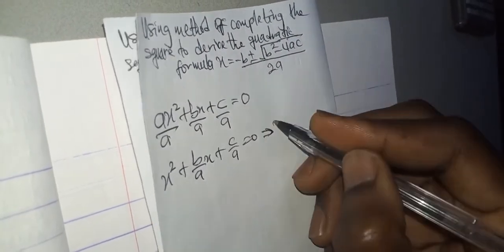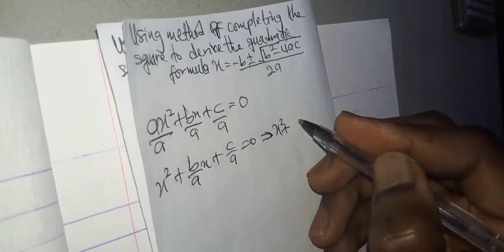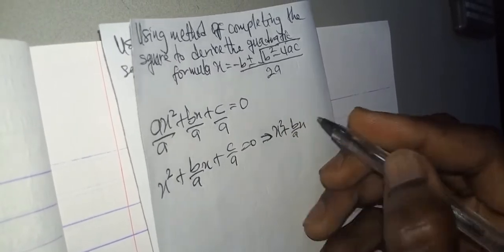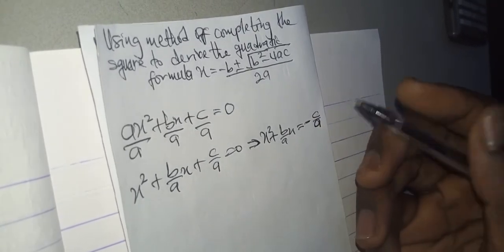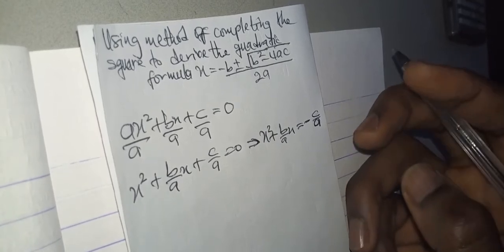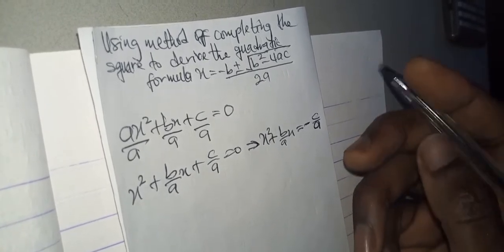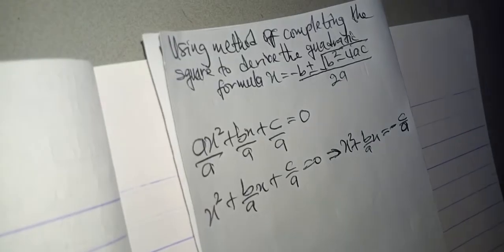Now, this will give us s squared plus b over a s equals negative c over a. We are actually sending the c part of the equation across the equal to sign. Beautiful.